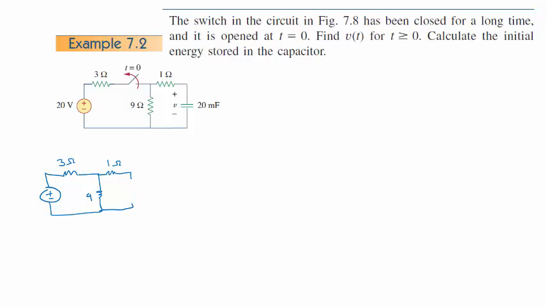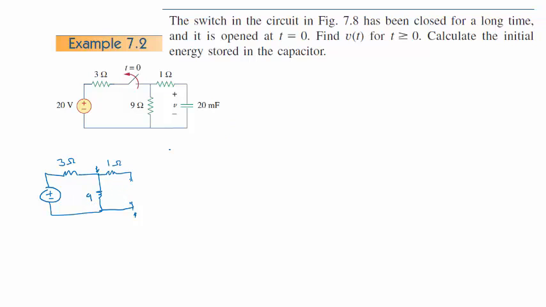So the question then is, what's the voltage across here? Well, the voltage across the capacitor is the same voltage that you would measure between here and here, because no current is flowing right here. So whatever voltage I measure between here and here is the voltage that's across the capacitor at that point in time. That we know how to do.